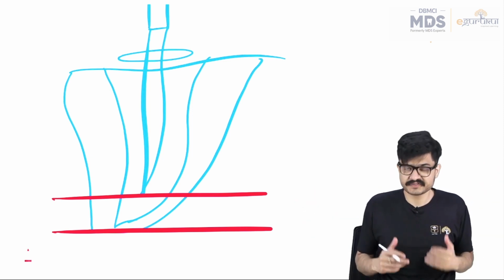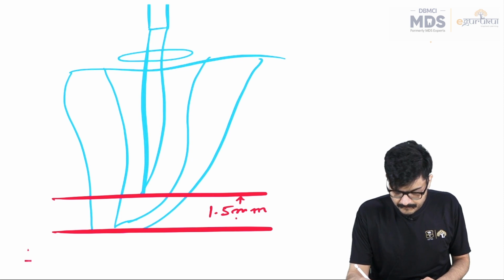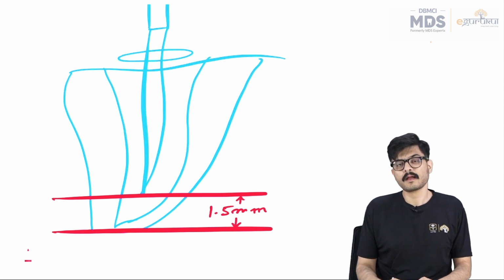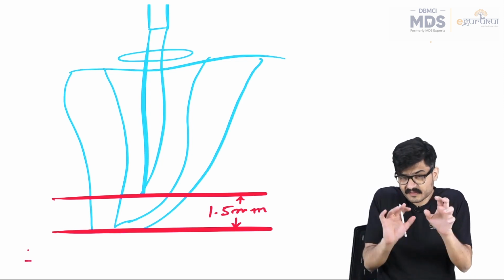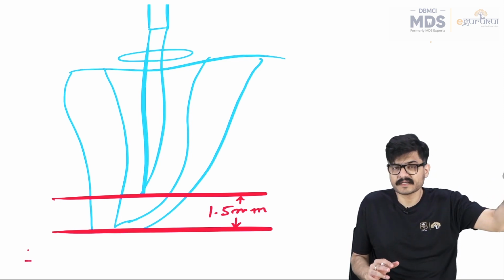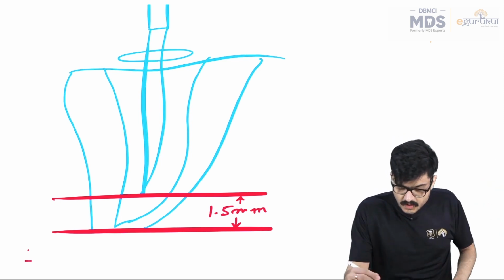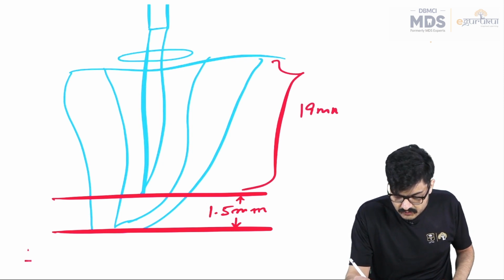What if this distance is 1.5 mm? Right? This is on the radiograph, right? That means there's a discrepancy of 0.5 mm. Means there's something wrong with my pre-operative X-ray. Now, this distance is 19 mm for sure.